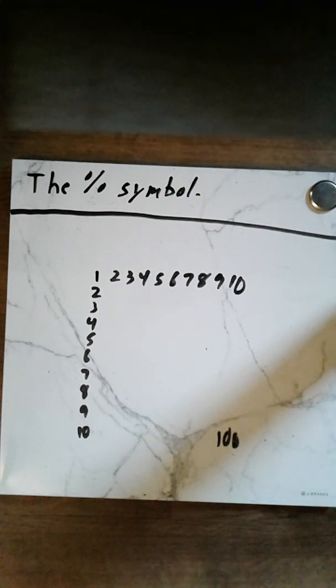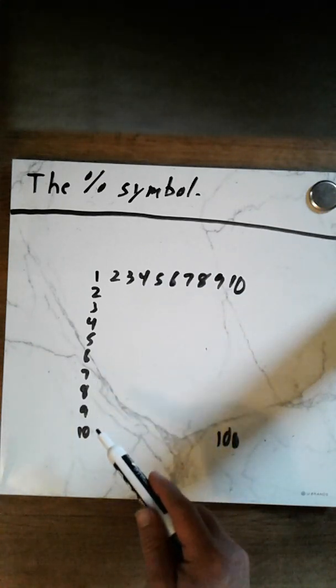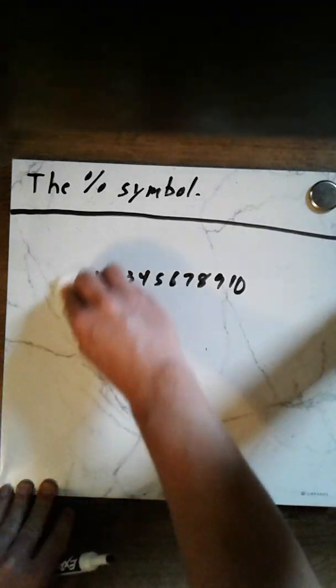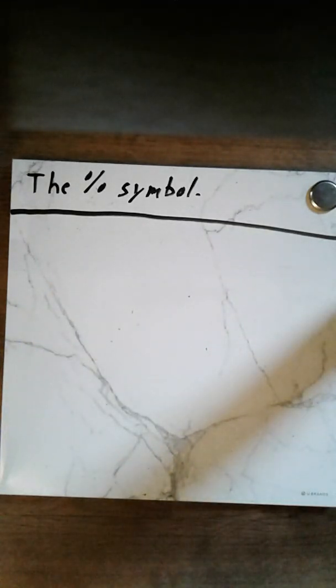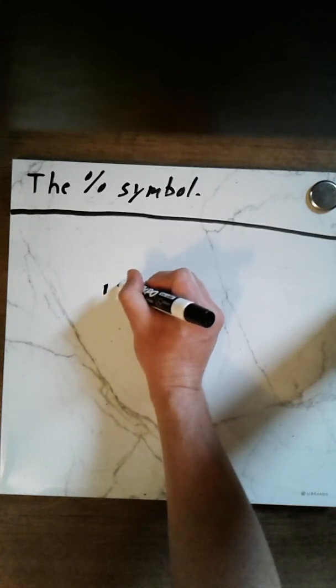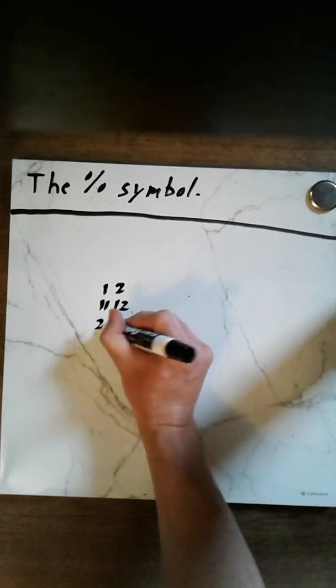So in those systems, rather than 1, 2, 3, 4, 5, 6, 7, 8, 9, 10, start over at 11, in a base 2 system, you would go 1, 2, 11, 12, 21, 22, and it would start over after every 2 numbers.